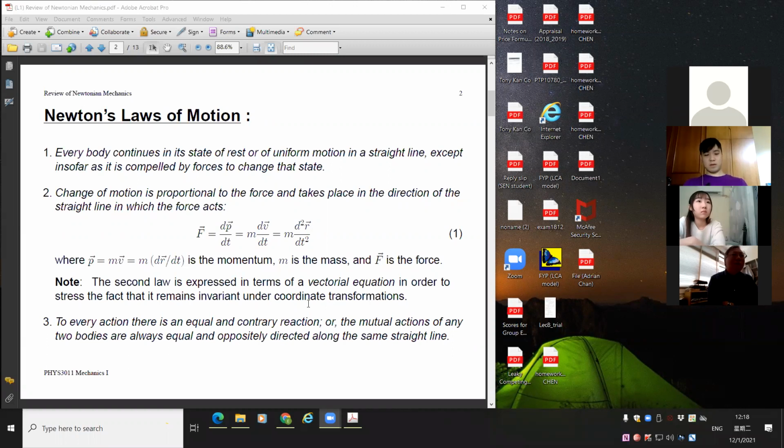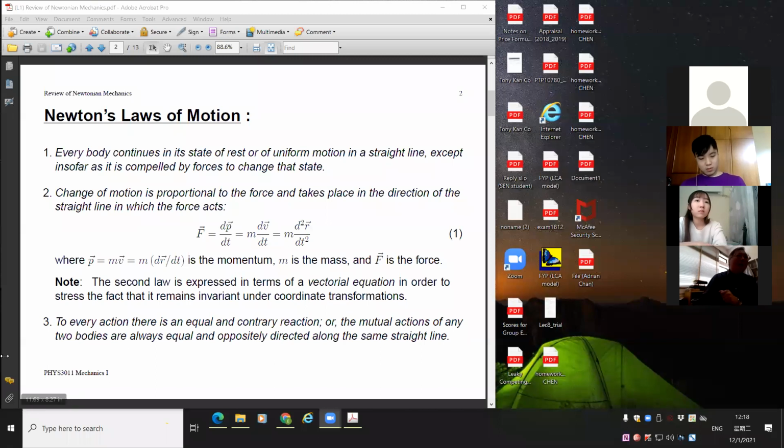It means if you experience no forces being acted on, you will continue in a state of rest or continue your uniform motion in a straight line. All right. This first law of motion is also considered to offer a practical definition of force.